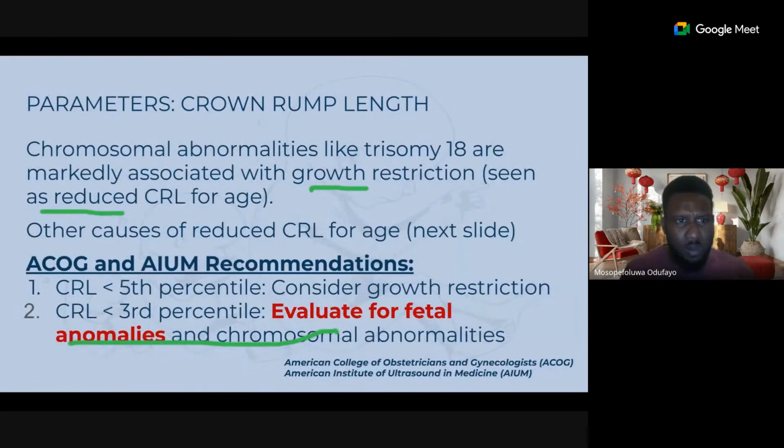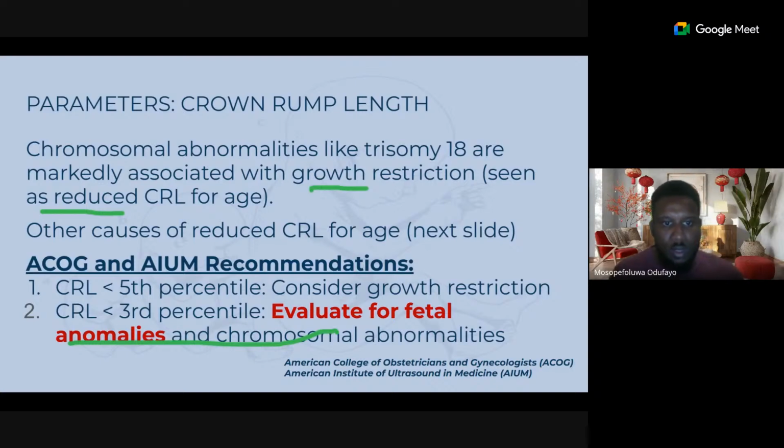So for crown rump length, chromosomal abnormalities like trisomy 18 are markedly associated with growth restriction. So if somebody has a crown rump length of less than expected for age according to LMP, one of the things that might be wrong is that there is an intrinsic abnormality, especially associated with the baby's chromosomes.